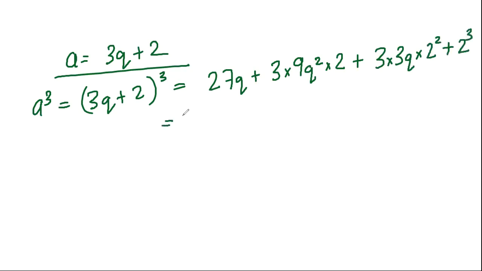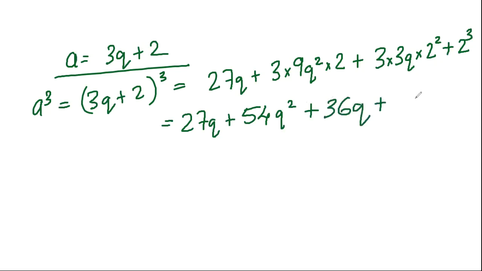Then this is equal to 27q cube plus, I am simplifying, 9q square into 3 into 2, 54q square, plus 3 into 3q into 2 square, 36q, plus 2 cube, 8.